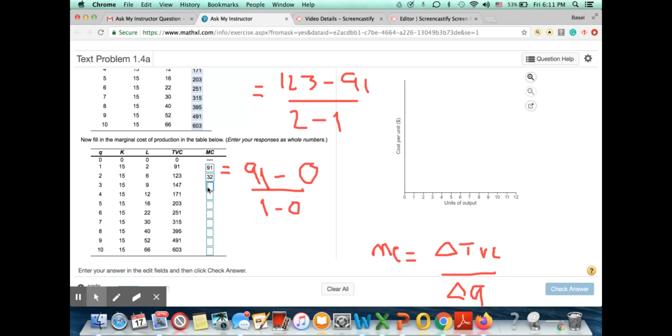So I got 24. 171 minus 147, I get again 24. 203 minus 171, I got 32. 251 minus 203, I got 48. 315 minus 251, 64.